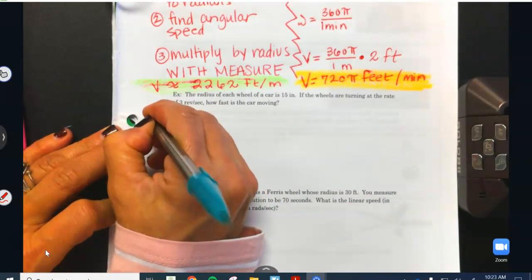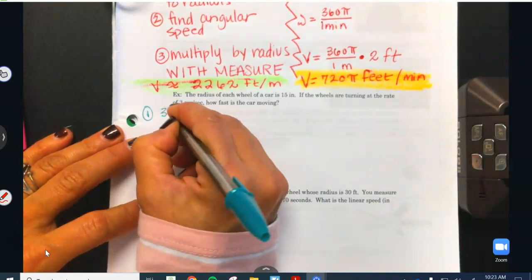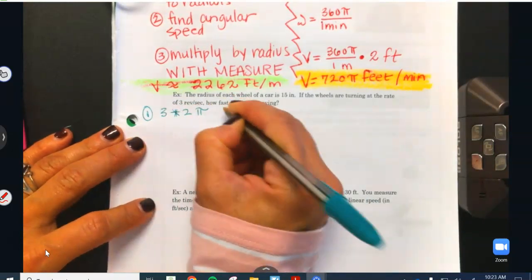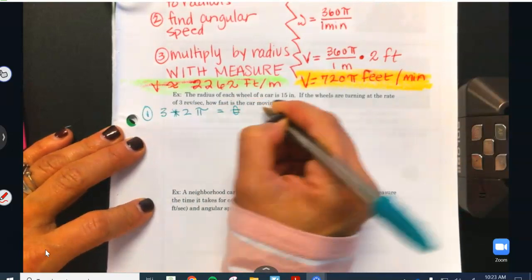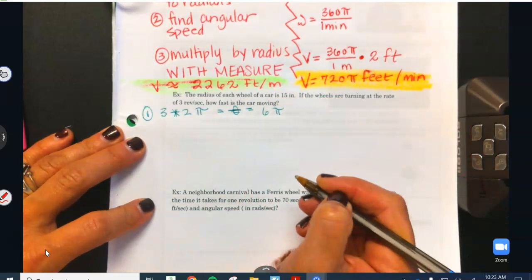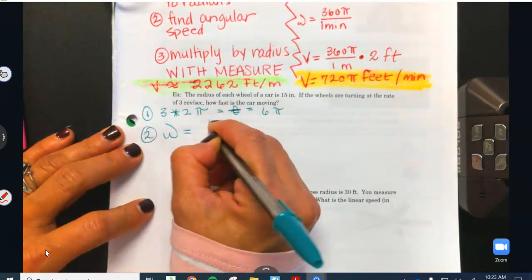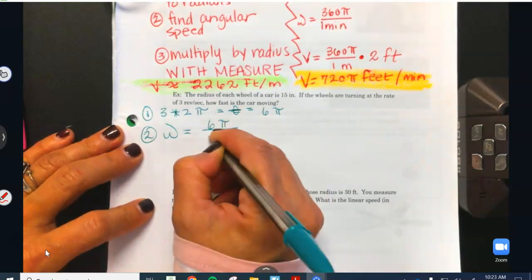Number 1, it is 3 revolutions, so 3 times 2 pi. So we know theta is going to be 6 pi. Angular speed is going to be 6 pi per second.